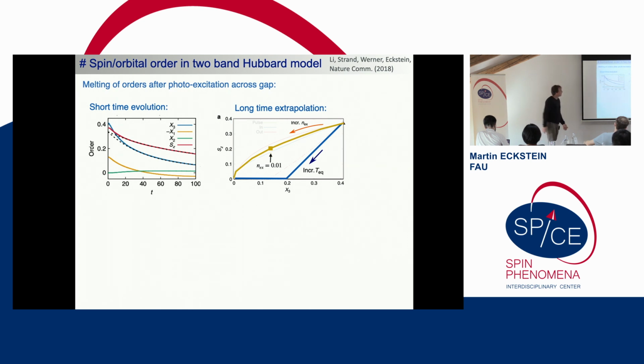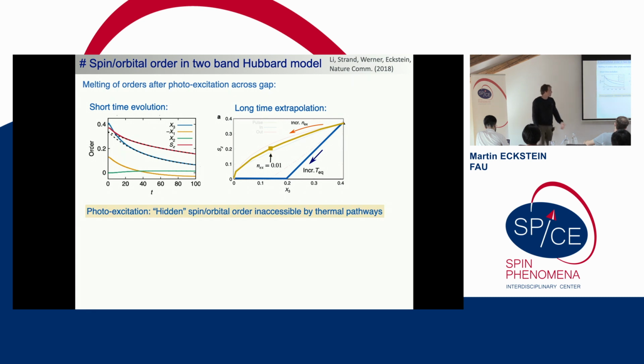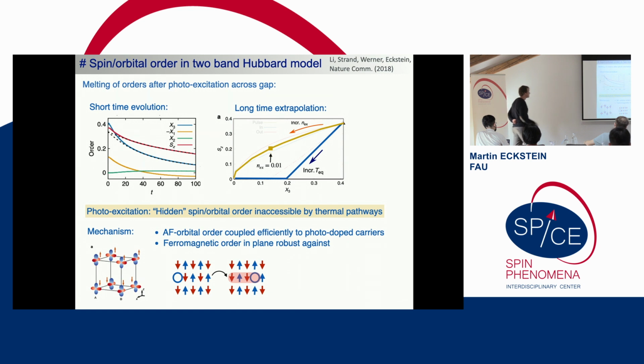One interpretation, a simple hand-waving interpretation, is that these carriers move around in an antiferro background, the orbital pseudo-spin background. If a hole or whatever moves in an antiferro background, it always leaves behind a string of defects of this order, so it can very quickly destroy this order.